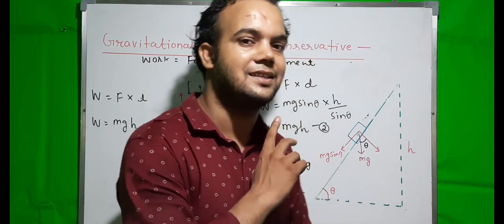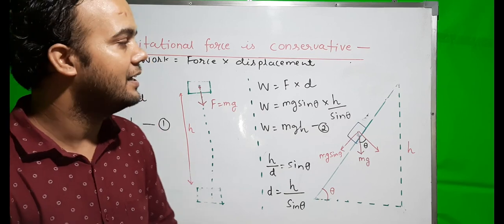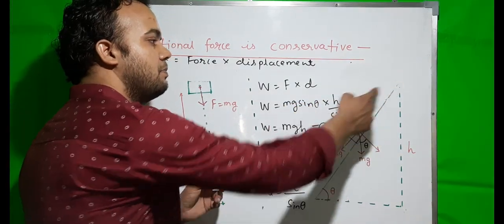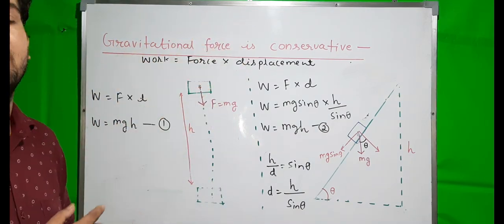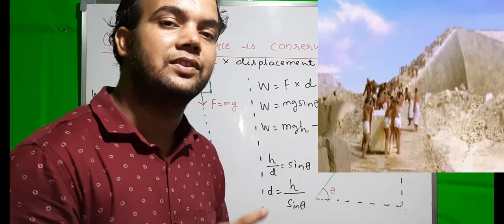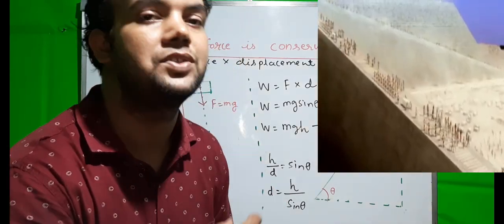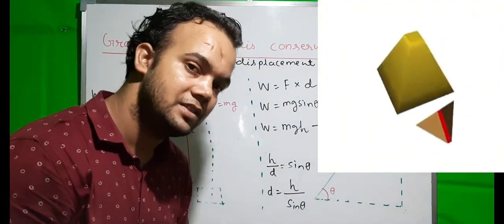The answer is they reduced the force by changing the slope. They took this path which has a very small slope. Actually they took the long path but the slope was very small. That's why they had to overcome a very small gravitational force. They chose the longer path, so the work done was the same.